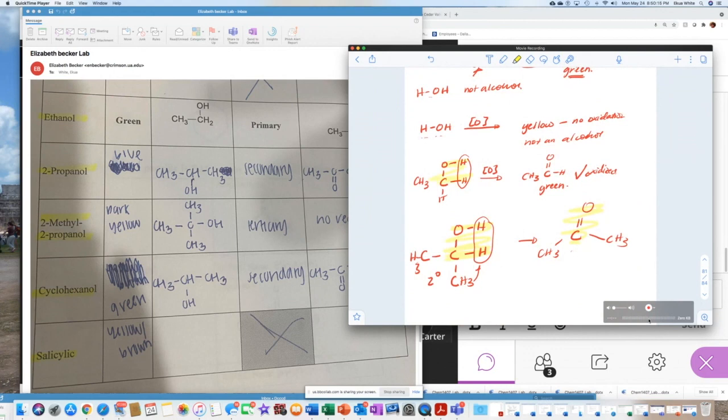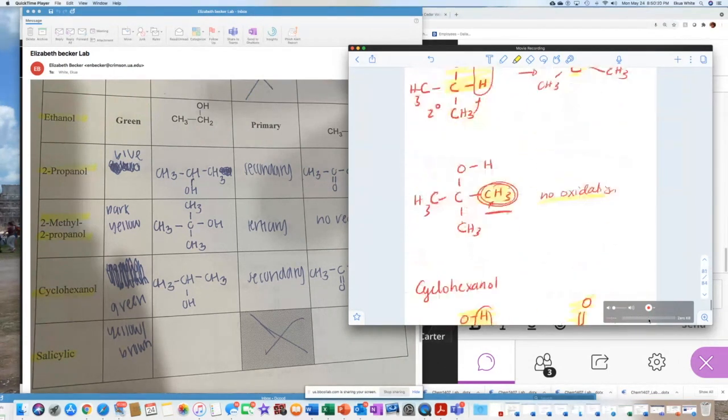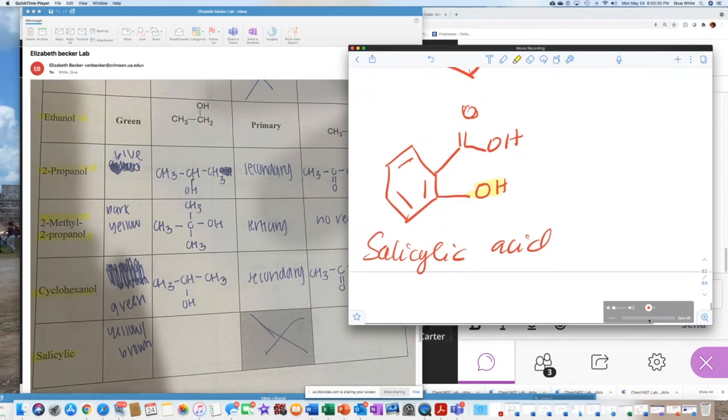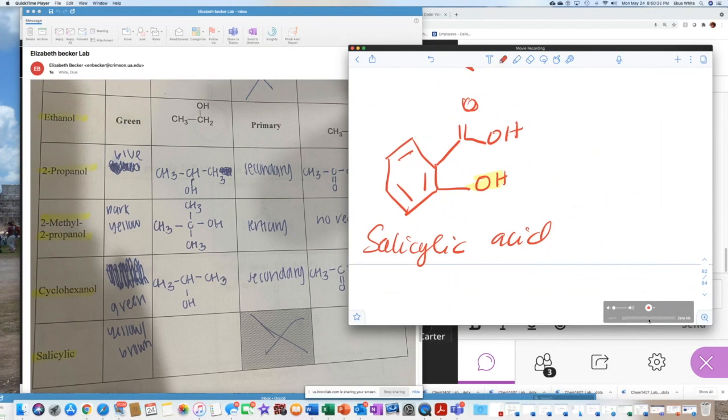Same thing with that. You have to have that combination, an OH next to a CH. So the question we have here is, we have an OH, but do we have a CH? I see a CH down here. There's a C and there's an H here. Let me remove the name.